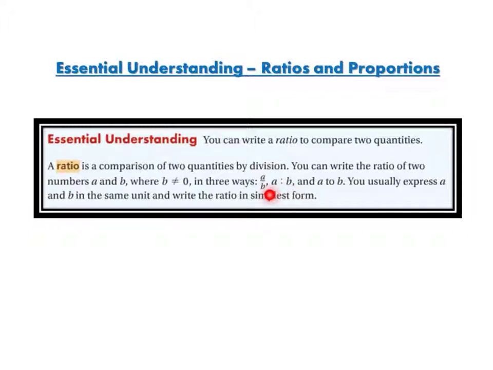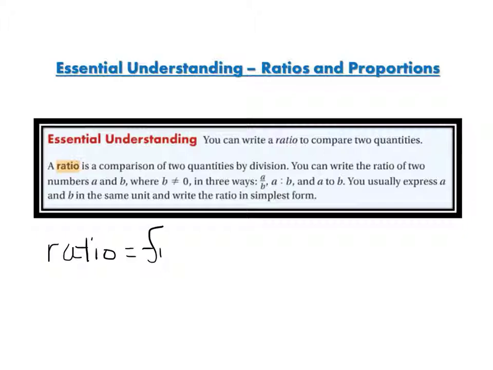We can write it as a colon b, or we can write it as a and the word "to" b. And we usually express a and b in the same unit, and we write it in simplest form. So most of the time a ratio you will see written as a fraction in lowest terms or in simplest form.